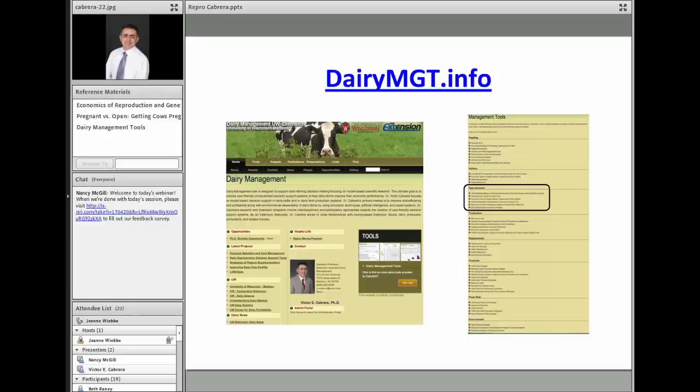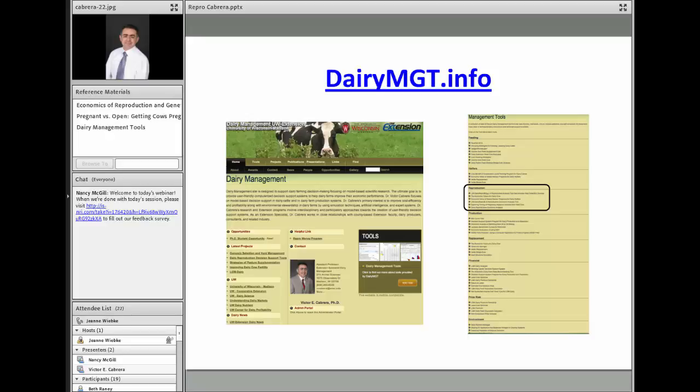I would like to take advantage of this slide also to advertise all the other tools that are available for you to use in this web page. So whenever you have a chance and you get to this web page, check out the tools that are available there and see if you find some practical application to those tools.